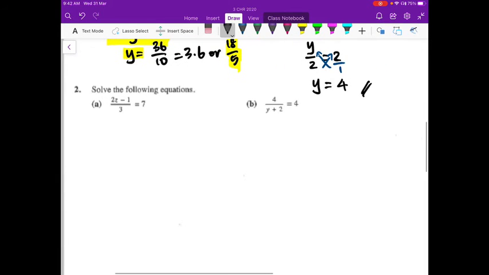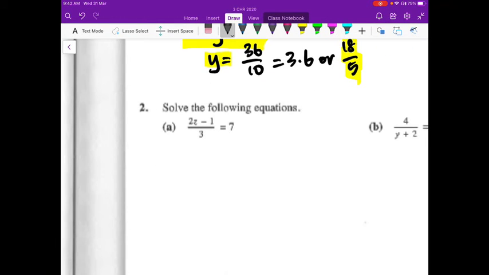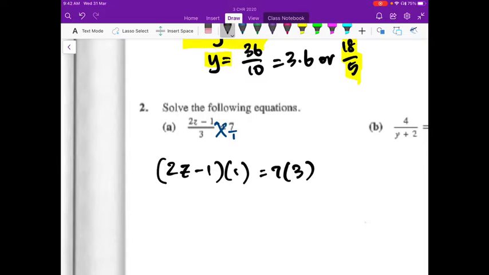Solve the following equation. I don't have fraction plus or minus fraction, but I have fraction equals to something else. So what we need to do is multiply, but you need to put over 1. Okay, so draw that in with a pencil now. And our next step, 2z minus 1 times 1. You didn't need to write the times 1. 7 times 3.